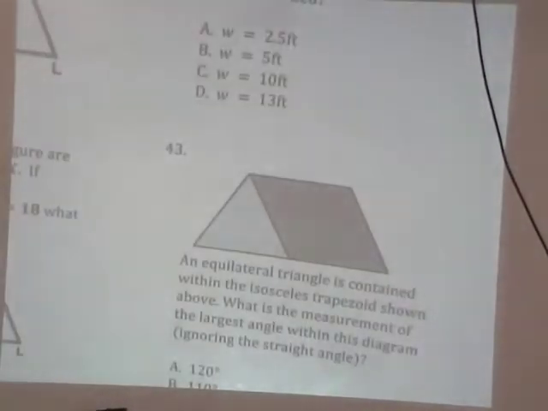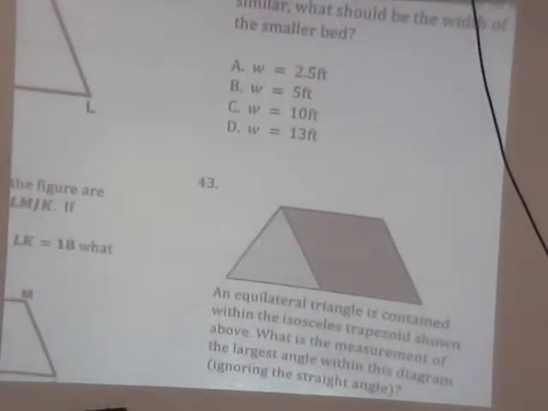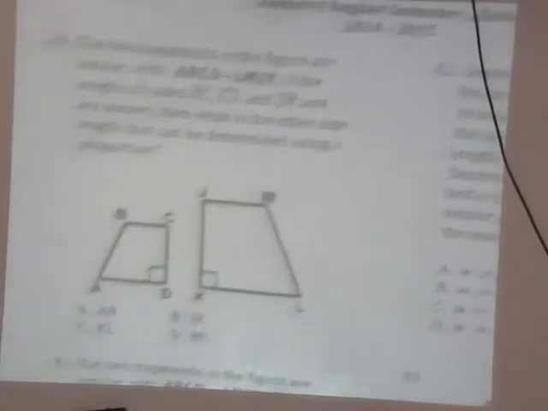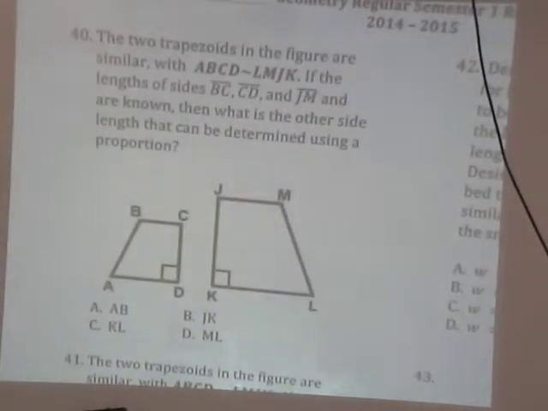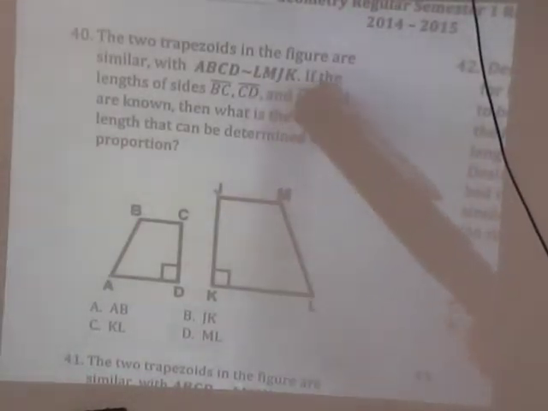Okay, moving on. Next one. Two trapezoids in the figure are similar. So that means their corresponding angles are congruent and their corresponding sides are in direct proportion to each other.